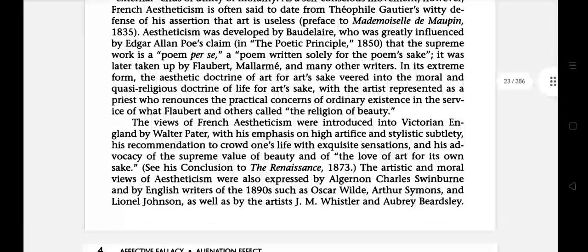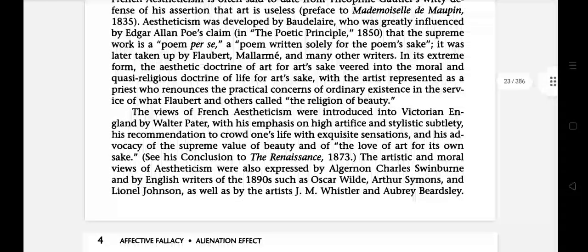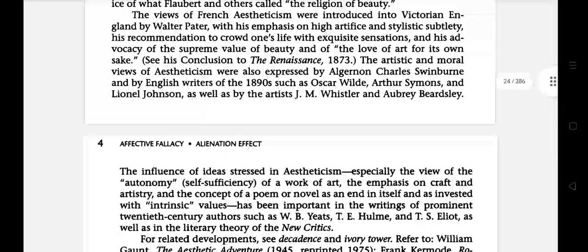The views of French aestheticism were introduced into Victorian England by Walter Pater with his emphasis on high artifice and stylistic subtlety, his recommendation to crowd one's life with exquisite sensation, and his advocacy of the supreme value of beauty and of the love of art for its own sake.